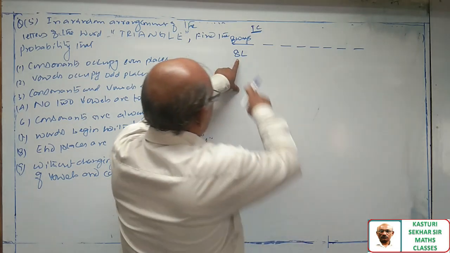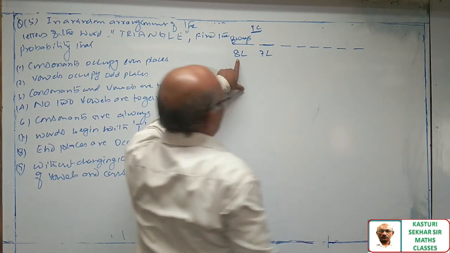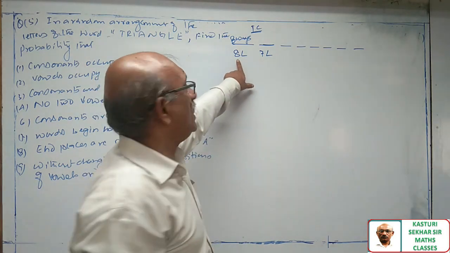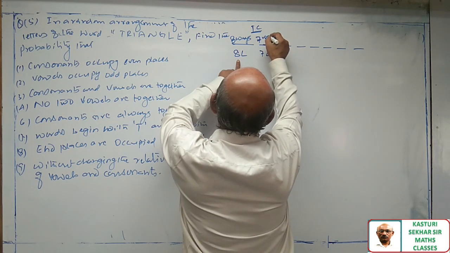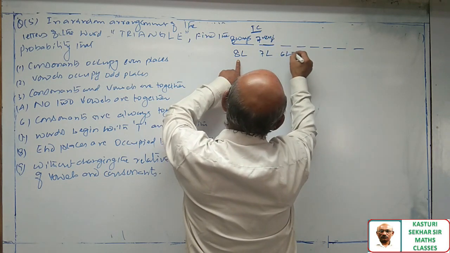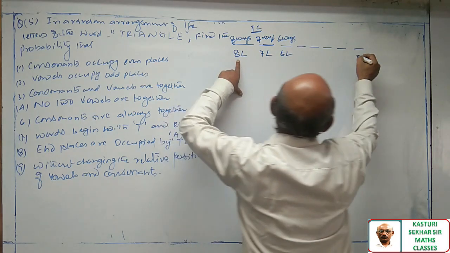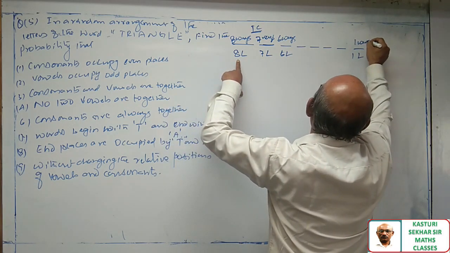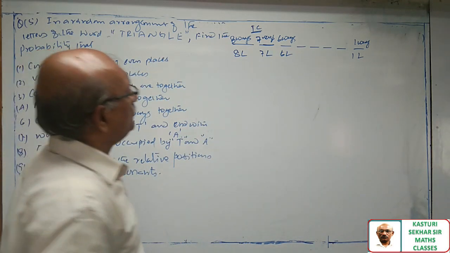Only 7 letters I can carry forward to the next place, so 7 ways. Next place, 6 ways. This way if I move, last place I have only 1 letter. Therefore this place can be filled in 1 way.